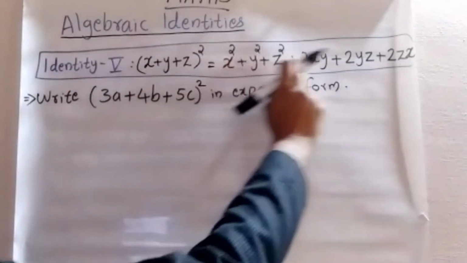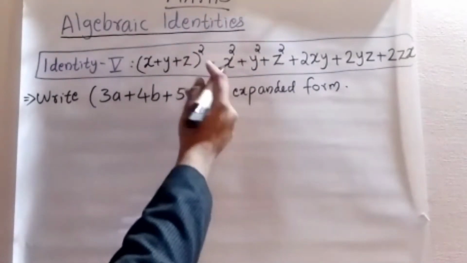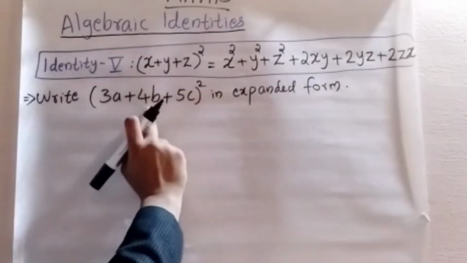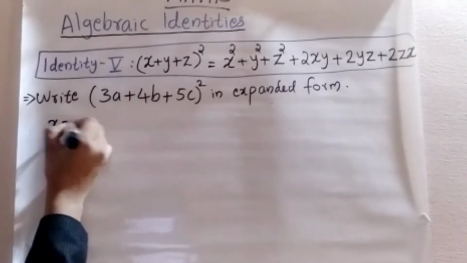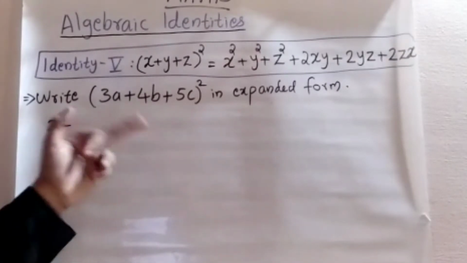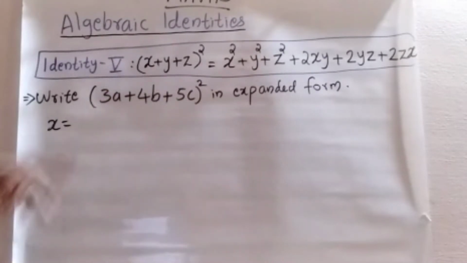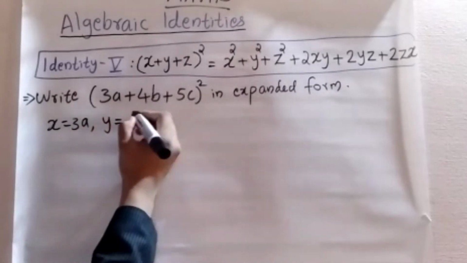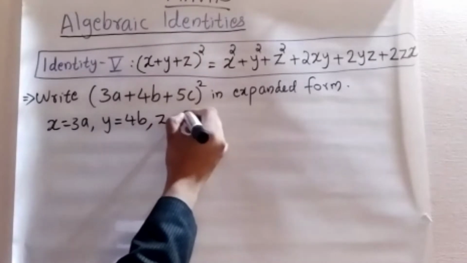When we compare, we can say that x is equal to 3a, y is equal to 4b, and z is equal to 5c.